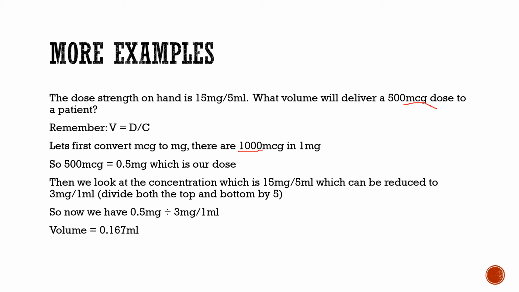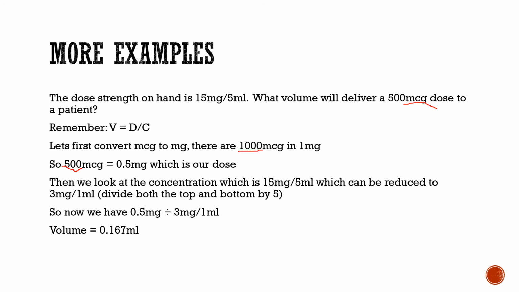Because the micrograms are smaller than the milligrams, we need to divide the 500 by 1,000. So I'm going to move 3 decimal places over to the left, 1, 2, 3. 500 then turns into 0.5. So 0.5 milligrams is the same as 500 micrograms. Again, you're dividing by 1,000, which is our dose.